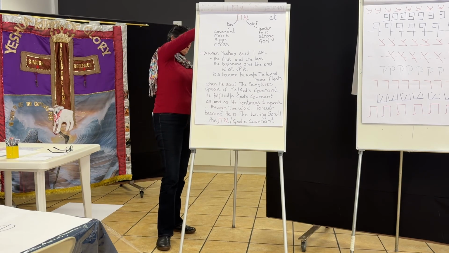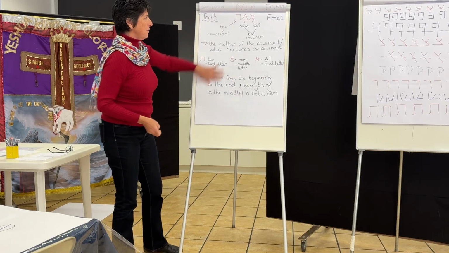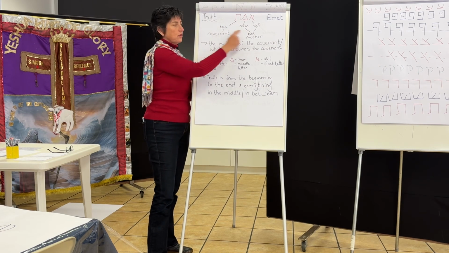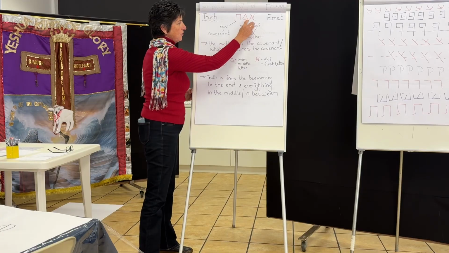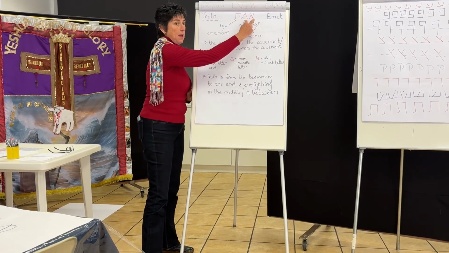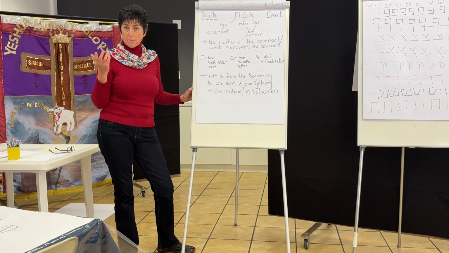And it's not only the Aleph Tav. Let's take a look at what happens if we put a Mem in the middle. Then it becomes the word for truth, emet. So again, Tav is the covenant, but the Aleph and the Mem, can you remember from last week, is mother.